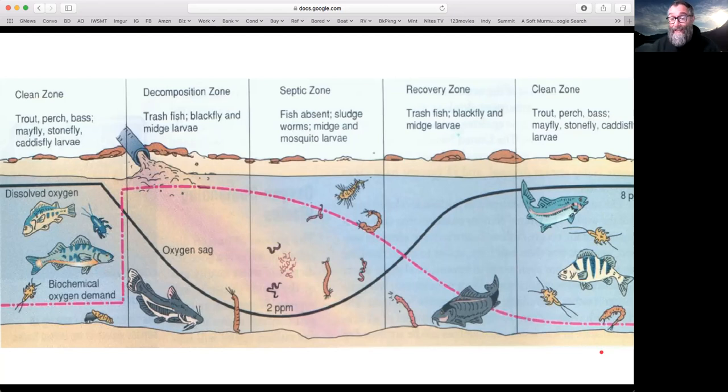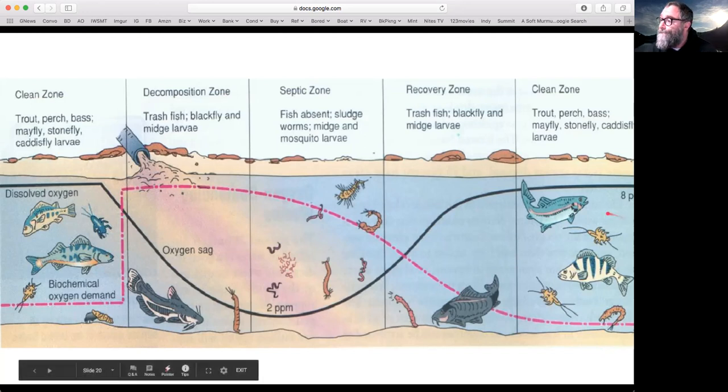And organic material is like a sneaker topic. Because this is the way that we always teach high school kids about dissolved oxygen and biochemical oxygen demand, those zones, the decomposition, septic, recovery, and clean, you really should know those. College Board loves to ask you about them.